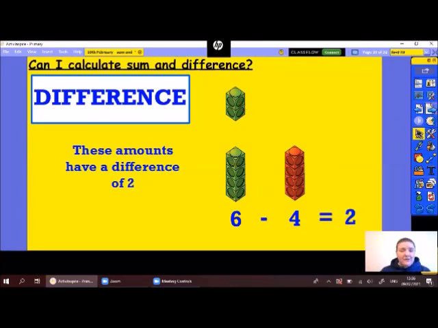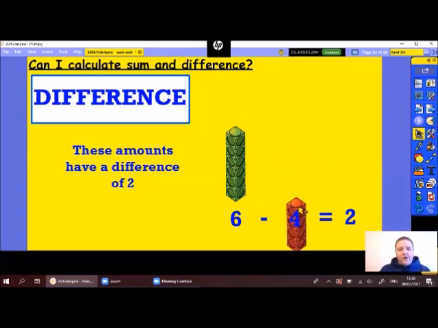Or we could say we're subtracting, because effectively we're looking at these two towers and thinking, well, how can we make them the same? So we got our 4 there, and if we take our 4 here, we're left with 2. So we could say 6 take away 4 is 2. So that's the difference between them.